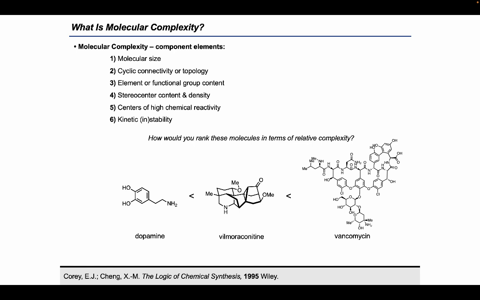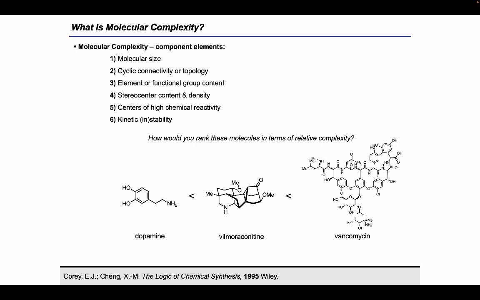Cyclic connectivity, or topology, is more challenging though. Both vilmorconitine and vancomycin are more complex in this regard than dopamine, but vilmorconitine has arguably higher topological complexity than vancomycin, due to it having a larger variety of ring systems, including fused, bridged, and spirocyclic. Vancomycin, however, has multiple macrocycles.